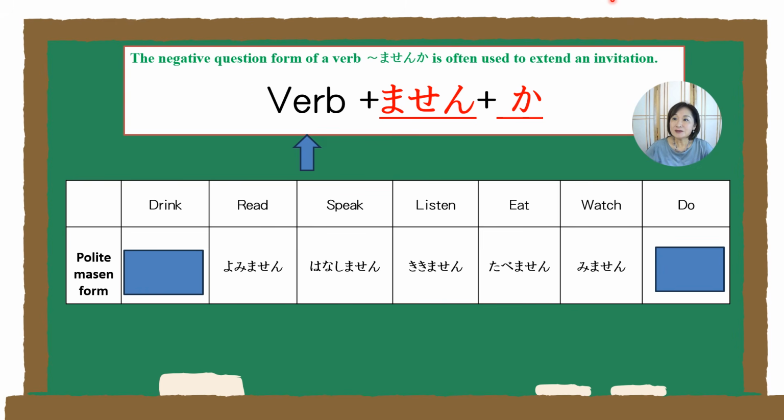Okay, how would you say, do you want to drink coffee? コーヒーを飲みませんか? Okay, how about the verb, do verb?